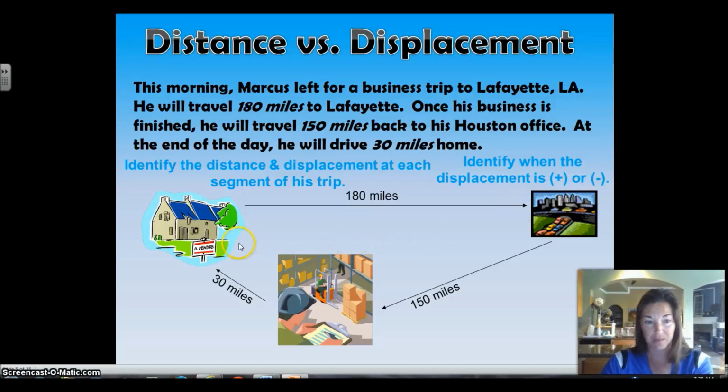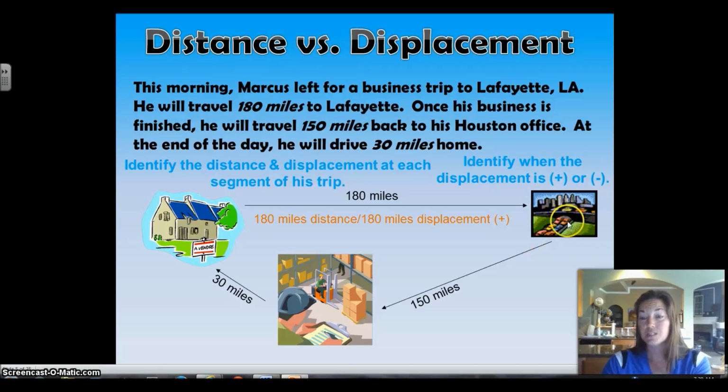So in his first segment from home to Lafayette, his distance is 180 miles. That's how far he's traveled. And he's 180 miles away from where he started from, and he's moving away from his reference point. So 180 miles distance, 180 miles displacement, and that is positive forward motion.